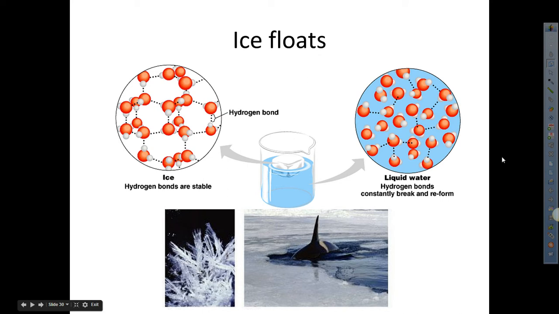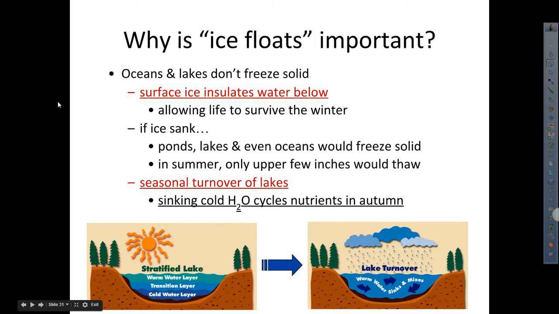It allows for many things to be able to occur regardless of the surrounding temperatures. And so the surface of a lake could freeze. We know that we get ice mats on some of the surfaces around the Arctic and Antarctic.